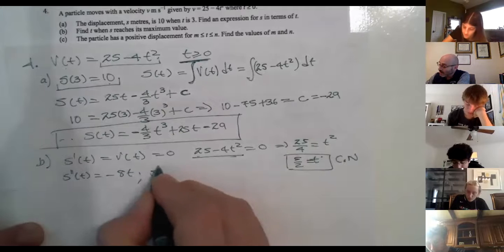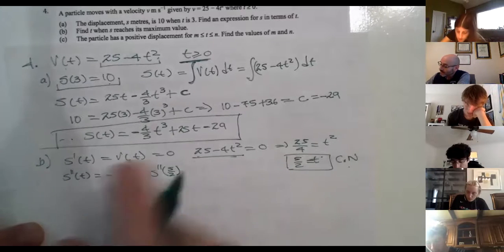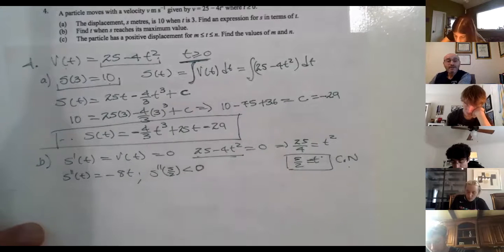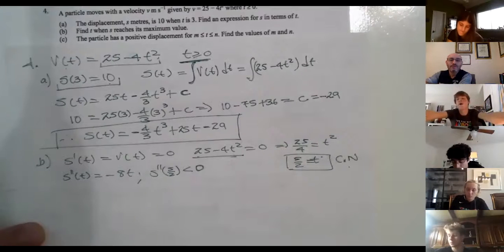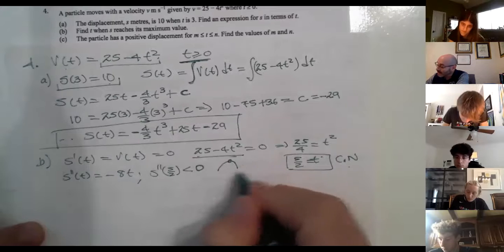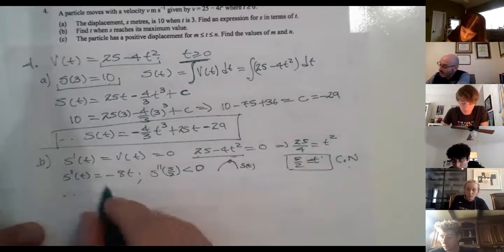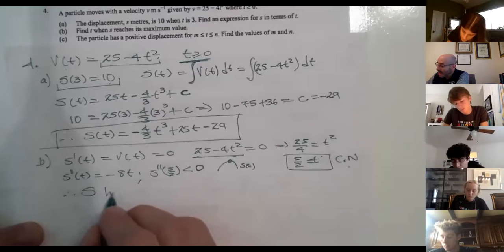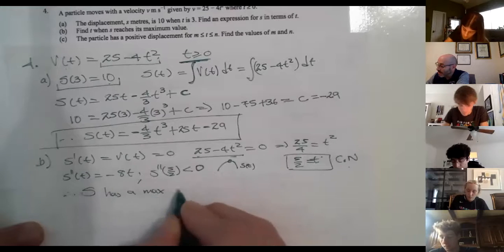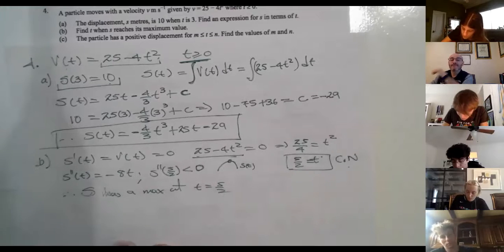When I plug in the critical number into my second derivative, that is less than 0 anyway. So what does the second derivative tell me if it is less than 0? Concave down, so a max. As the function is concave down there, therefore s has a max at t equals 5/2, right?